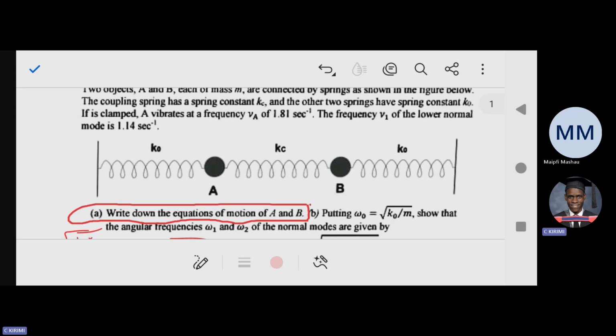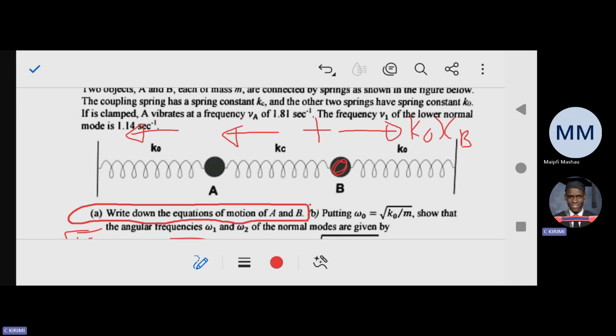When we are talking of the Kc multiplied by the displacement in this direction, and also K naught multiplied by the displacement XA, and Kc multiplied by XA again moving in the same direction, which is the negative, but plus K naught multiplied by the displacement of XB, because this ball is moving to the right, which means ball B.